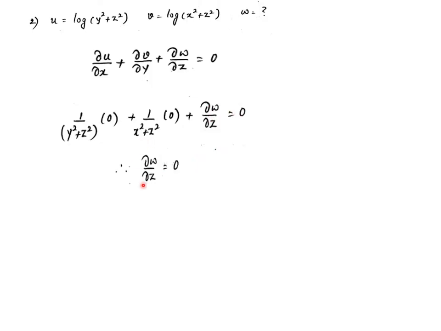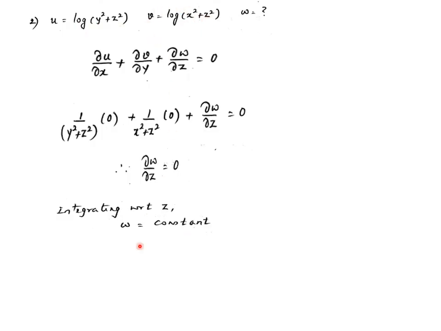If you integrate this with respect to z, the integration of 0 is a constant, so w will be equal to a constant. By seeing the equations, u is log of y square plus z square and v is log of x square plus z square.